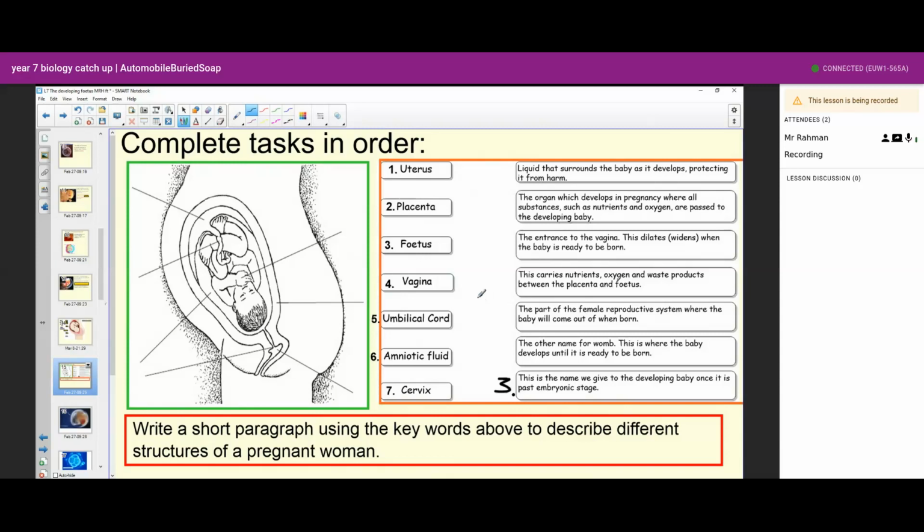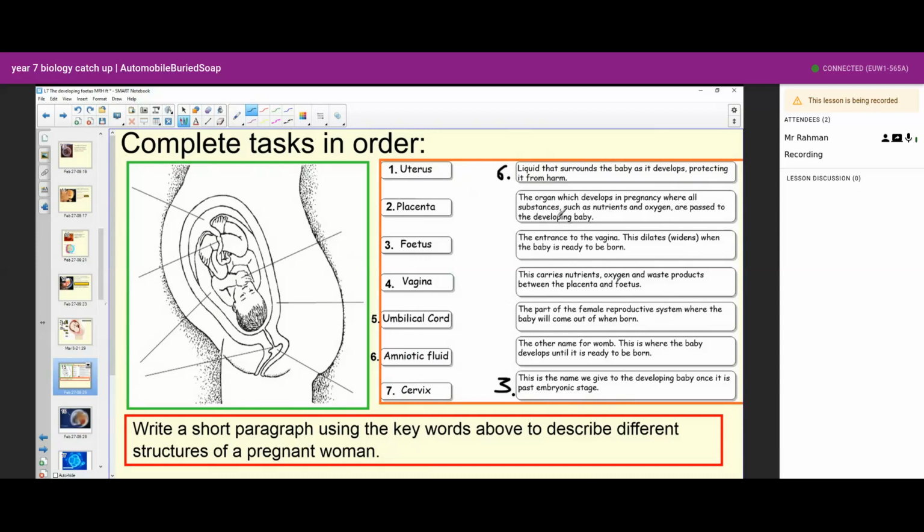Right, so we're going to quickly go through the answers. In no particular order, the liquid that surrounds the baby as it develops, protecting it from harm, is the amniotic fluid. It's this one, number 6.